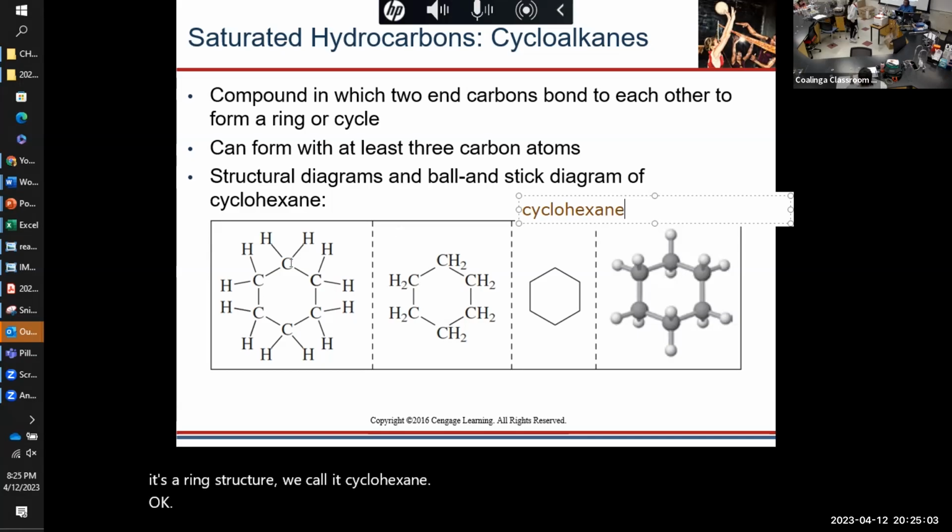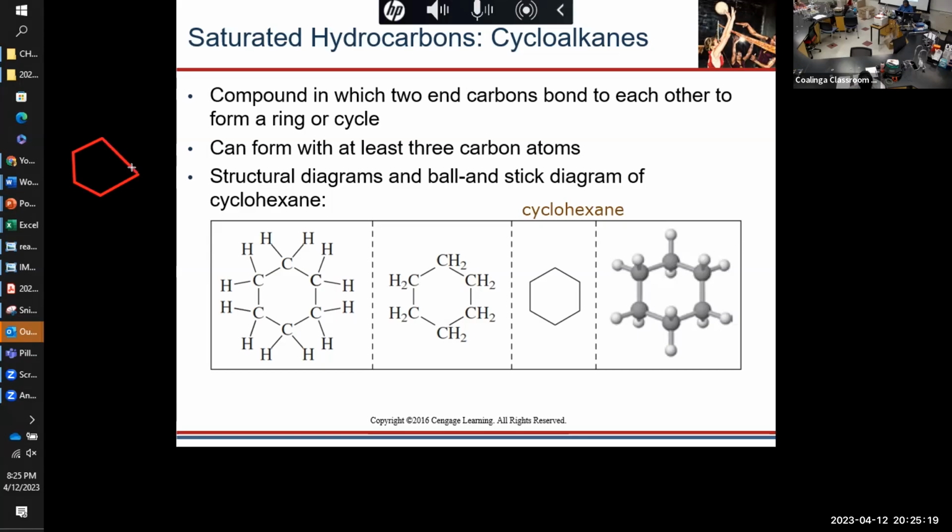Okay. So let's say we had this structure here. Okay, so how many carbons are there? 5.